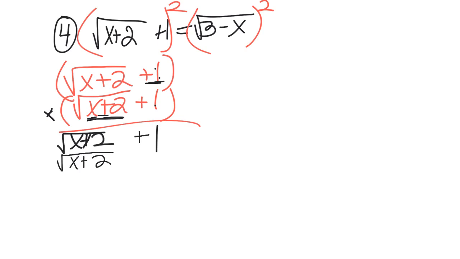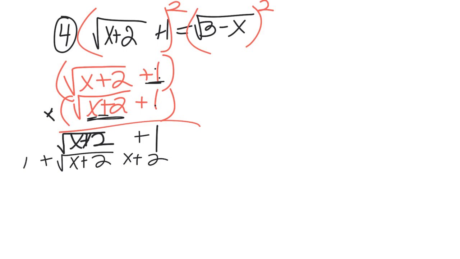That's a plus 1. And then the square root of x plus 2 times the square root of x plus 2 is x plus 2. I could put the 2 over here, just for space.